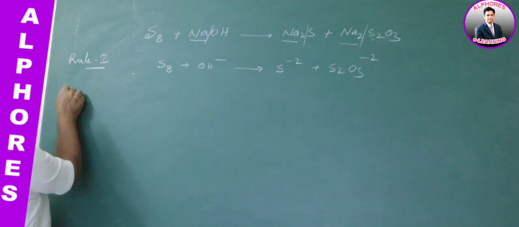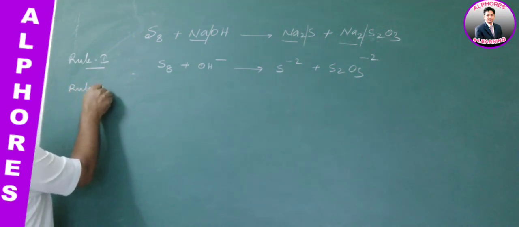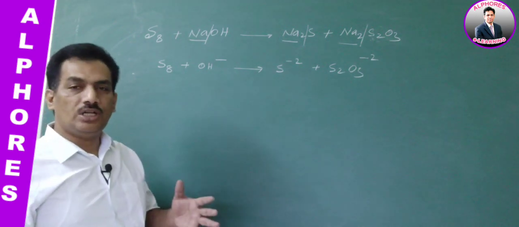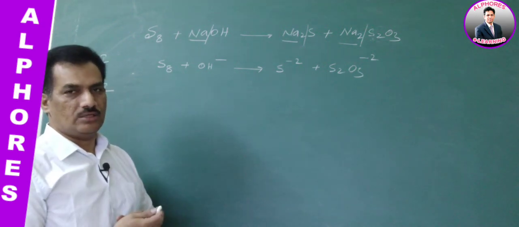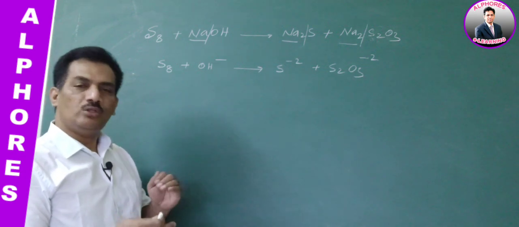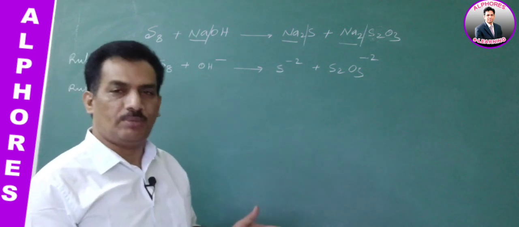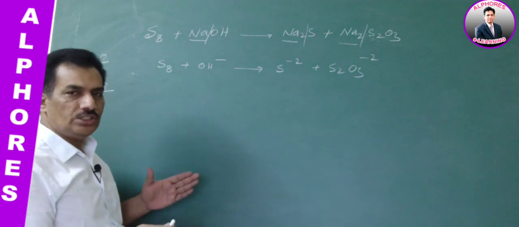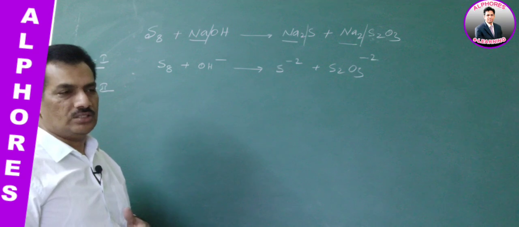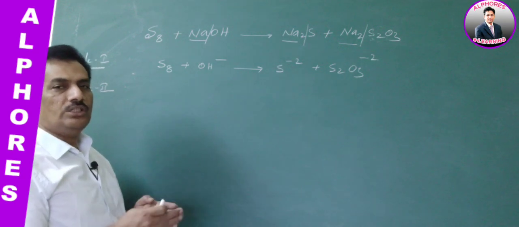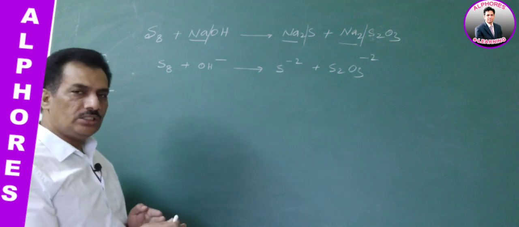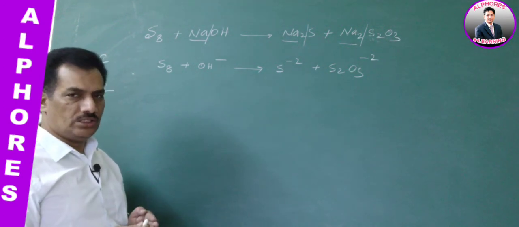Now let us follow rule 2. As per rule 2, we have to identify the oxidation and reduction half reactions. Why so? Because we have to balance the two half reactions separately. Already we know that oxidation is an increase in oxidation number and reduction is a decrease in oxidation number.